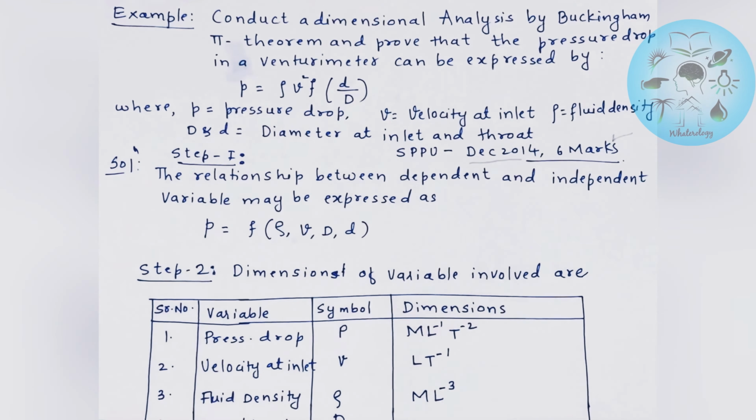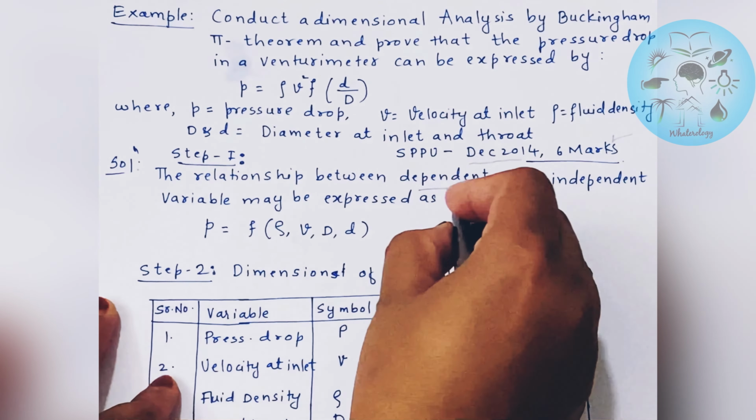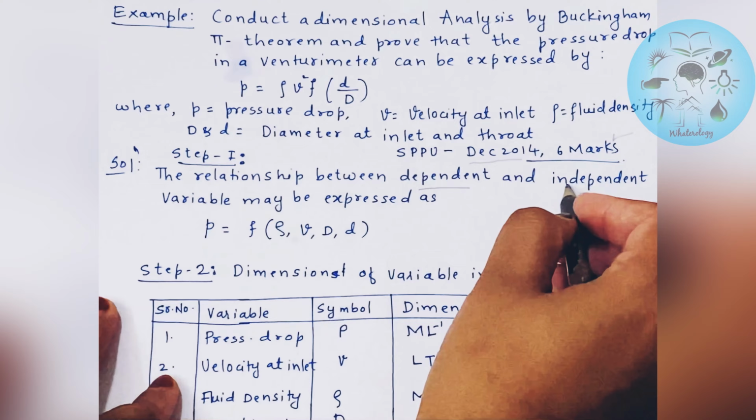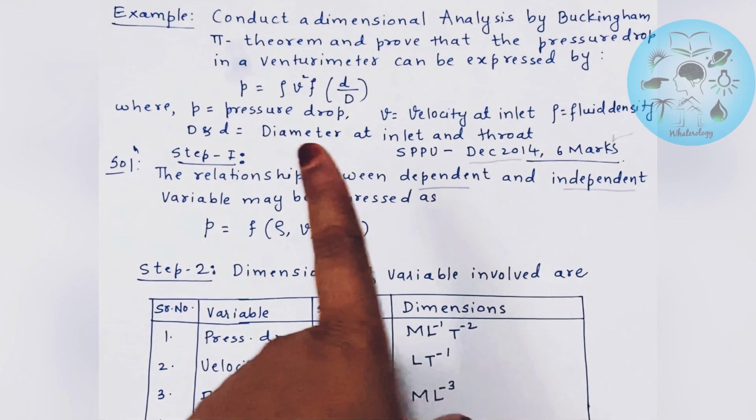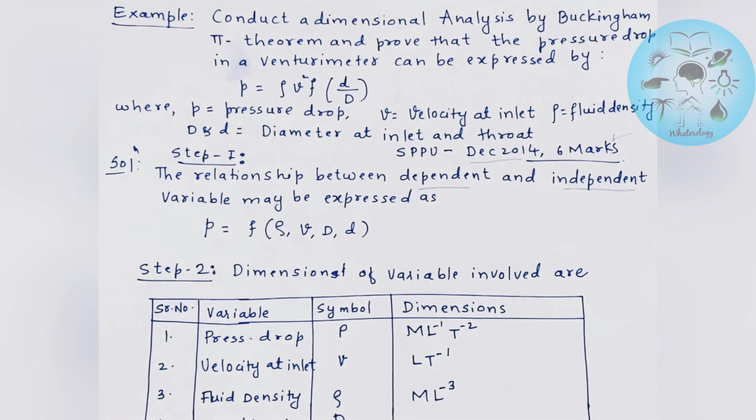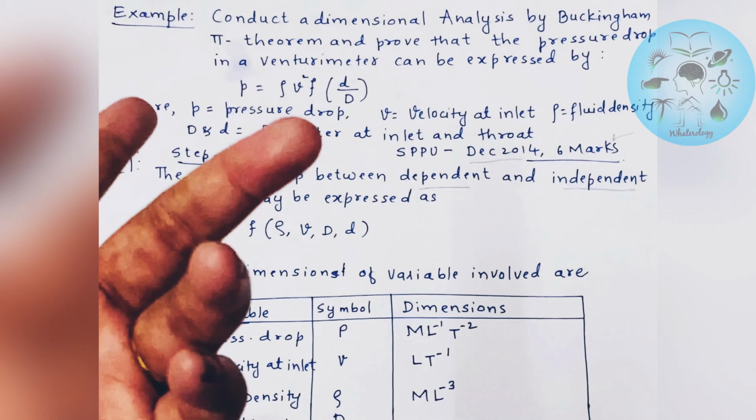Now step number 1 is to find the relationship between all the variables. There are two types of variables: first the dependent variable and second the independent variable. What is the difference between them? Dependent variables are the variables which depend on some other variables.